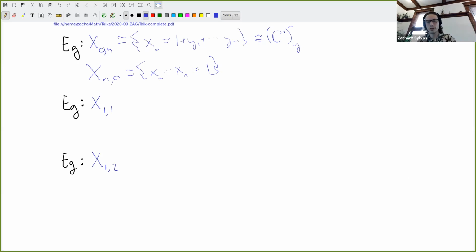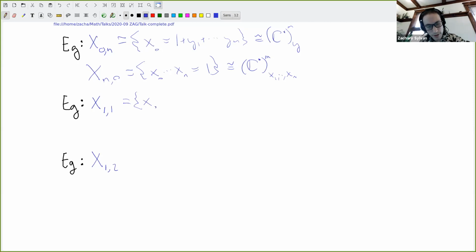And that also cuts out a copy of (C*)^n, this time indexed by x_1 through x_n. So we can drop the x_0. All right, C* is mirror to C*. Not super interesting.